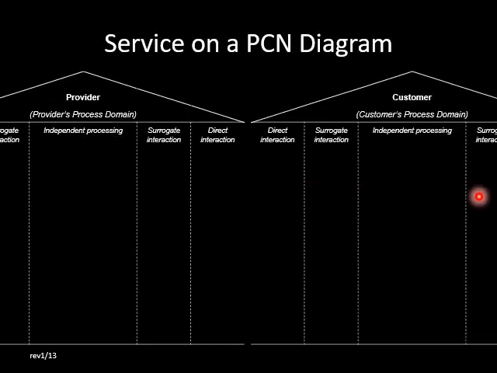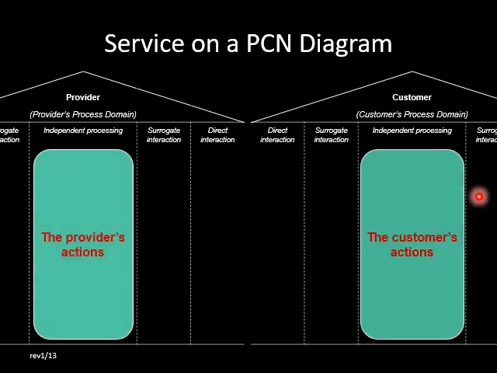So we can draw those zones. Here is the independent processing for the customer. Here is the independent processing for the provider. And these two zones are surrogate interaction. For the provider, this is perhaps using the information from a customer about their account and working out things on their bank account for them.